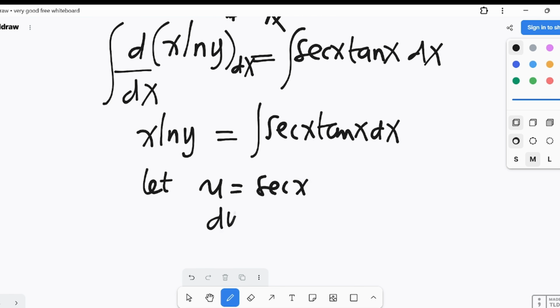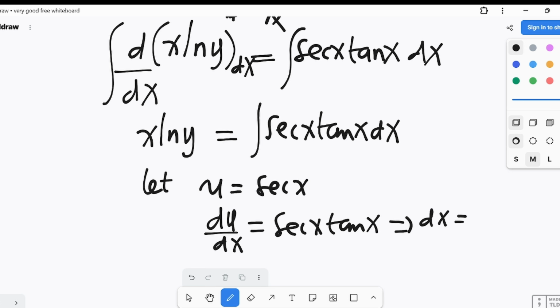When you differentiate u with respect to x, you get sec x tan x. We are there. So making dx the subject, you have du out of sec x tan x.